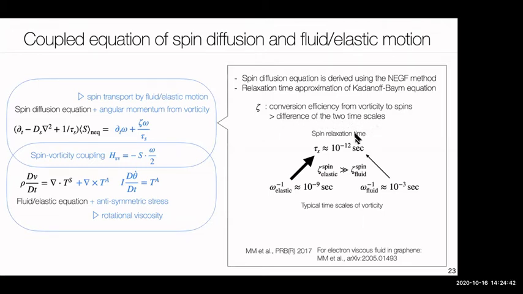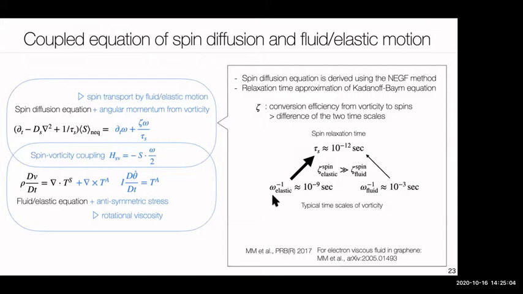This conversion efficiency is determined by the difference of the two time scales, namely the electron spin relaxation time, which is on the picosecond scale, and the time scale of the vorticity field.